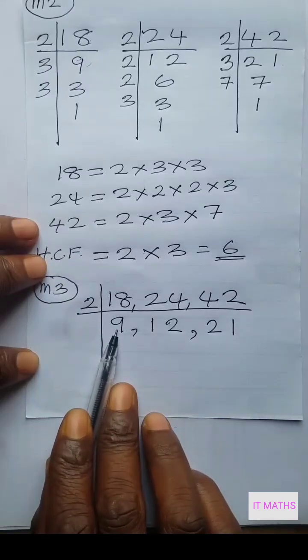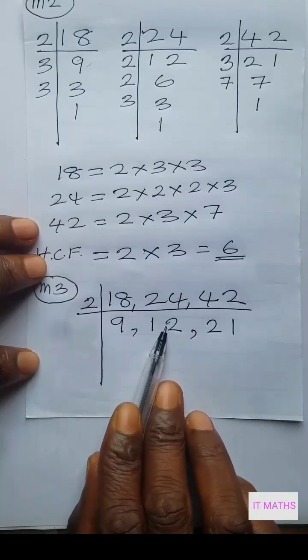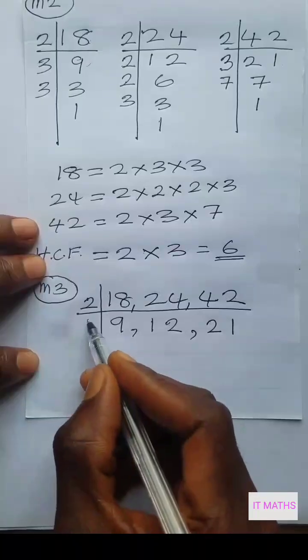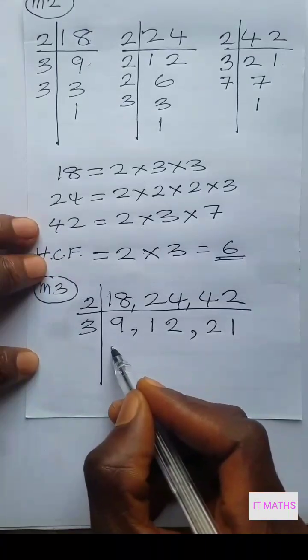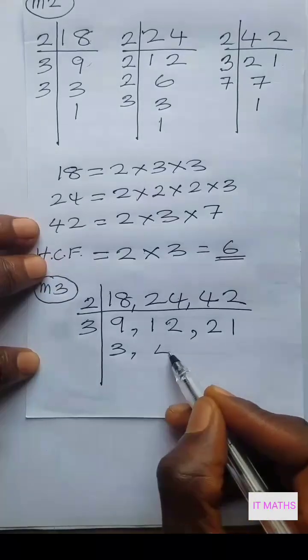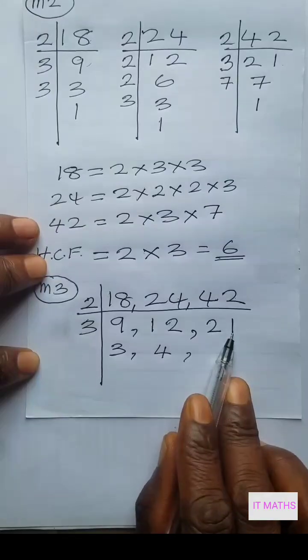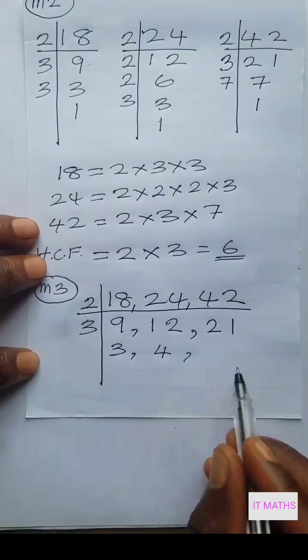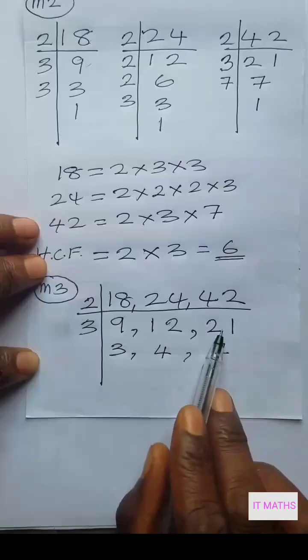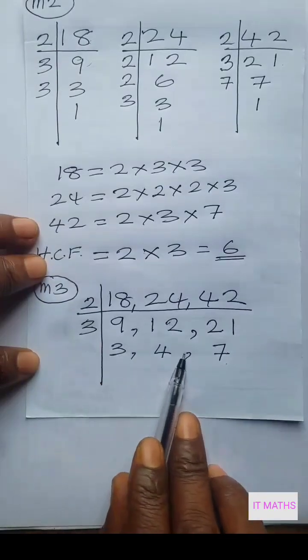So let's try 3. 3 can go here, can go here, and can go here. So let's pick 3. 3 into 9, 3. 3 into 12: 3 times what gives 12? 4. 3 into 21: 3 times what gives 21? 3 times 7. So 21 divided by 3 is 7. What can go again?